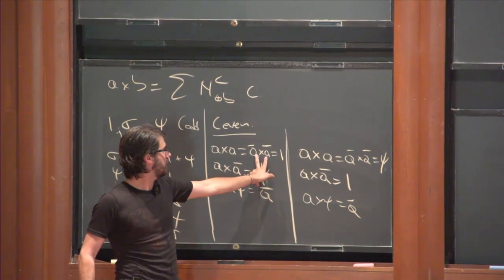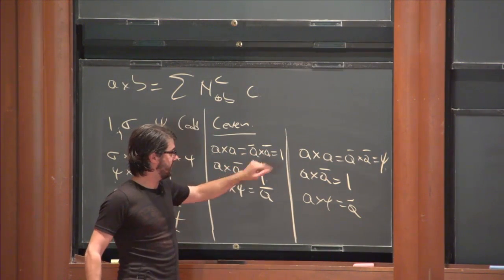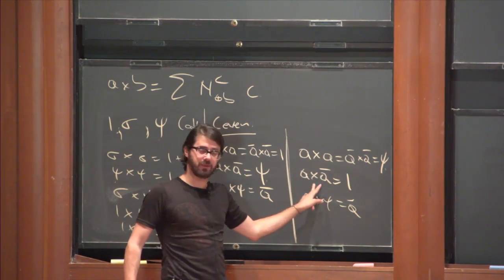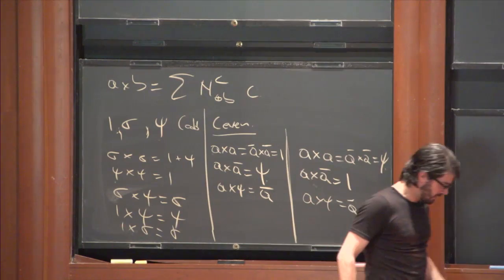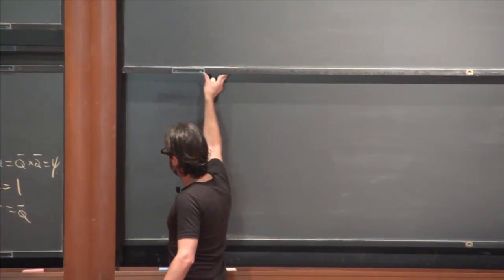In this case, A is the antiparticle of A, and A bar is the antiparticle of A bar. In this case, they're actually opposite. A bar is the antiparticle of A. Okay?